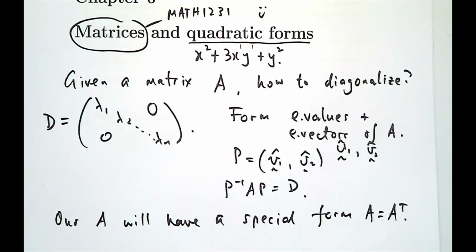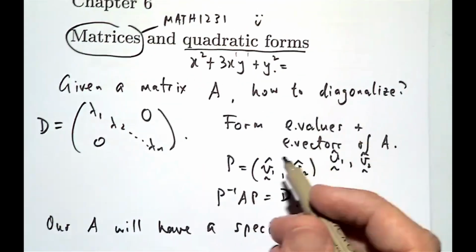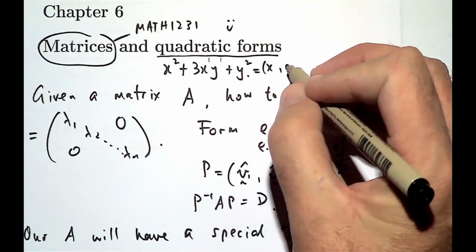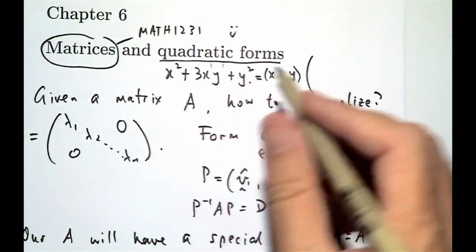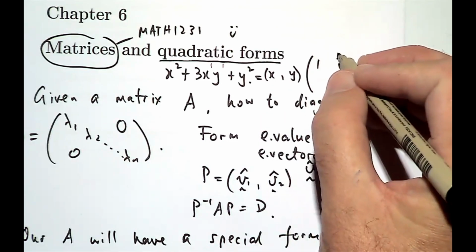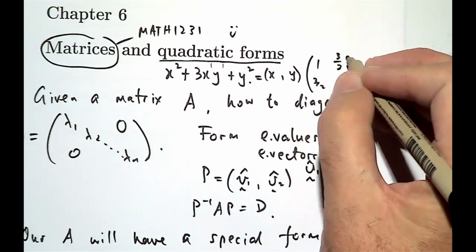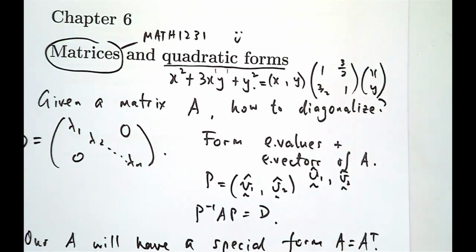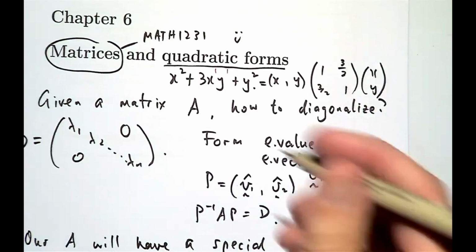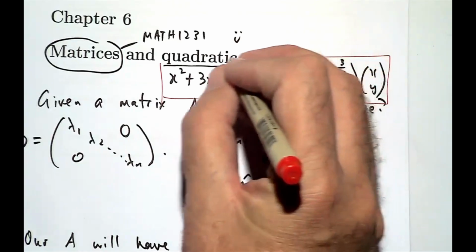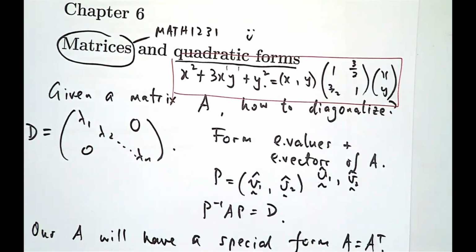Right? Okay, so back to these quadratic forms. I can write this in the following way, as a vector and matrix multiplication.